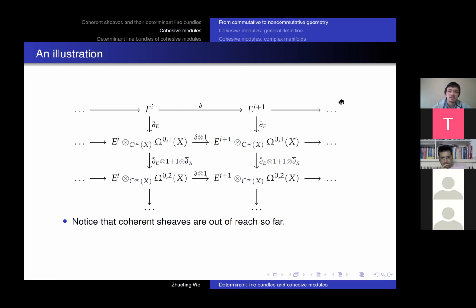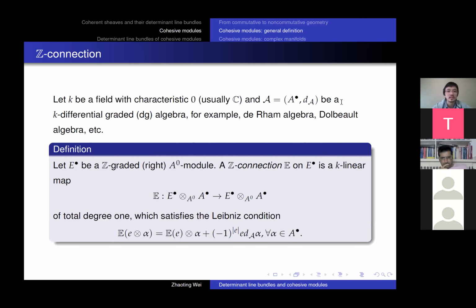Okay, the study of coherent sheaves. One way to study coherent sheaves in the same framework is to use the so-called Z-graded connection. So what is this? First, we'll consider a differential graded algebra.